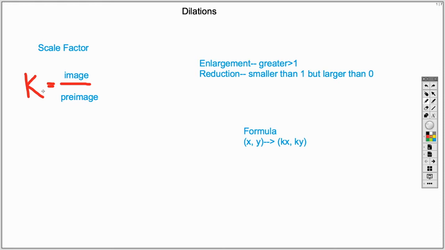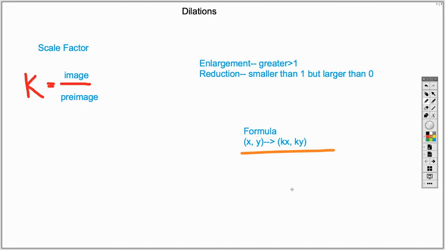If the scale factor is exactly 1, then the image is the same size. And then we have a little formula, and basically what we're saying is that the scale factor multiplies both the x coordinate and y coordinate. So this is the formula for dilations.